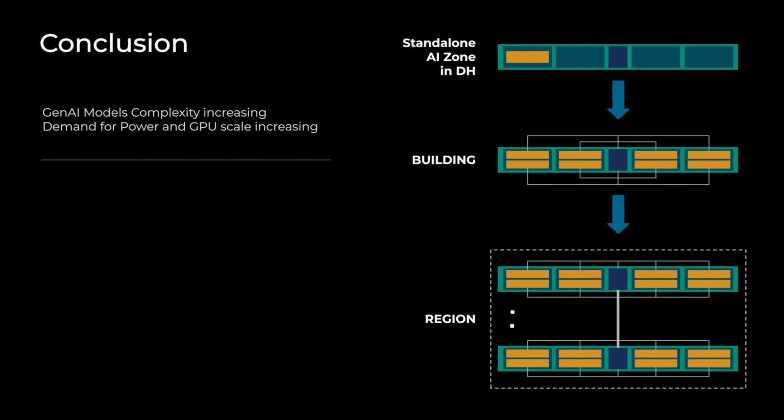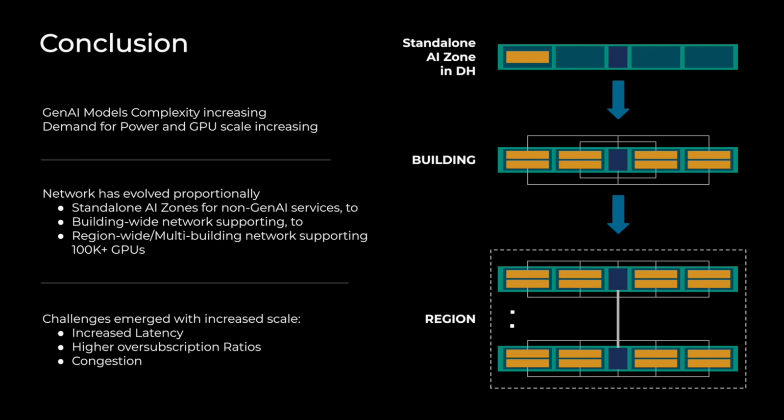All right, let's capture a few takeaways from our talk today. So for one, GenAI model complexity is constantly escalating. Demand for power and compute resources is always on the rise. For two, our network supporting the AI services has evolved. Before generative AI, we used to build standalone AI zones, mapped one-to-one with a data hall.